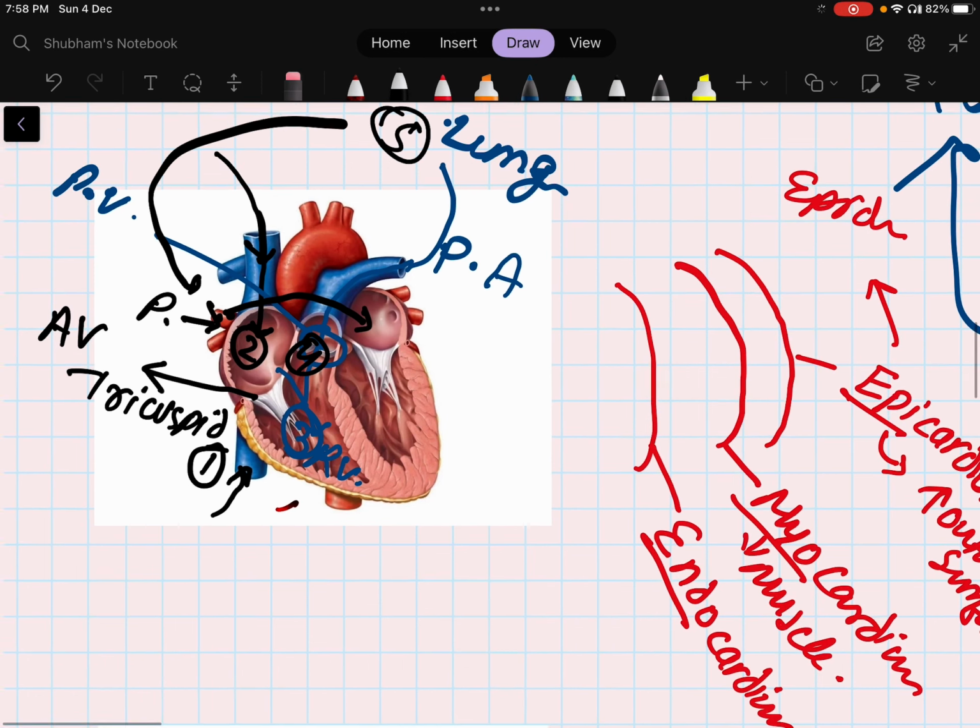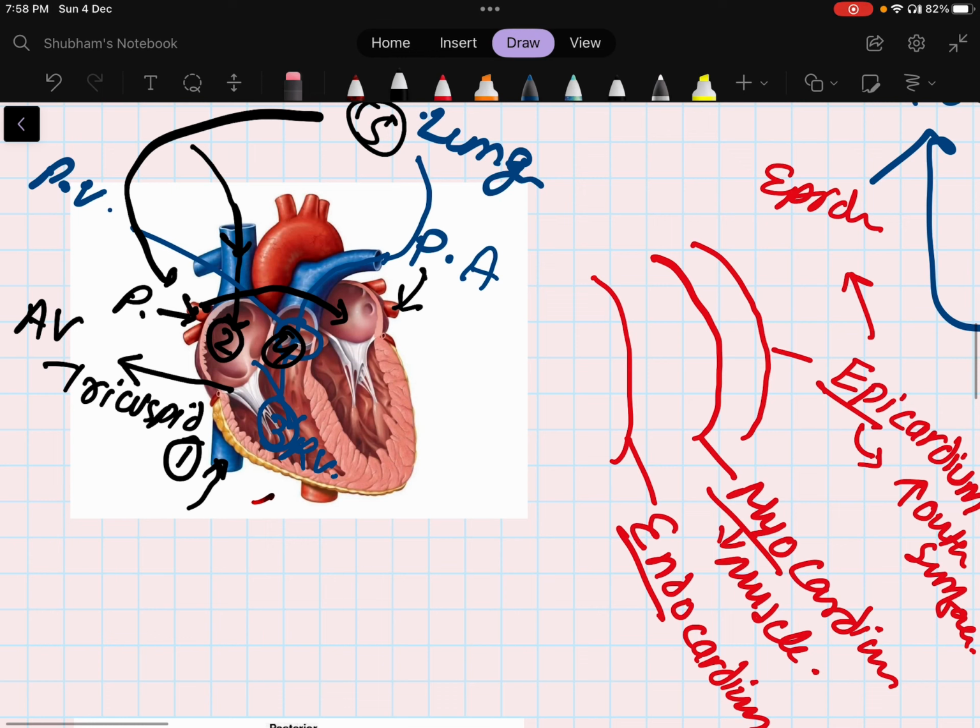left atrium. From here also, blood will be collected via these orifices. It will be collected into the left atrium. In this section, we will also have pulmonary valves, which will prevent the backflow of the blood back into the lungs.